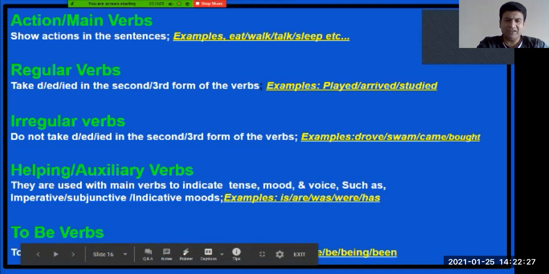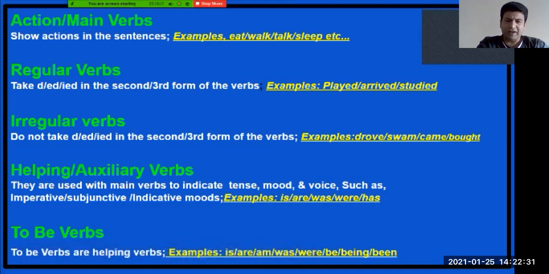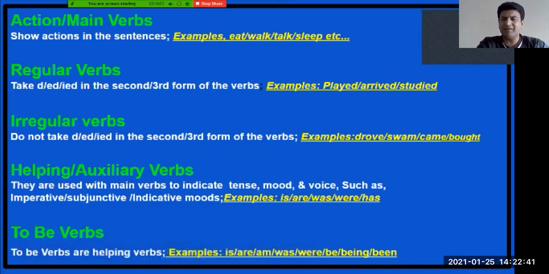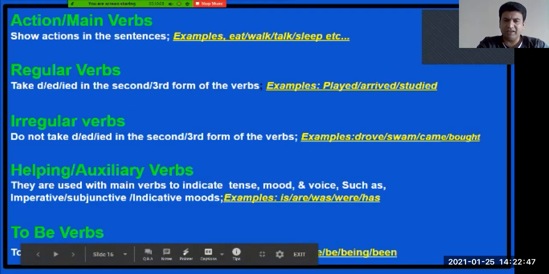Then there is the subjunctive mood. It includes sentences which show wishes, desires, or suggestions. And finally, the indicative mood. It talks about facts, when sentences are based on facts. So they come under the indicative mood.